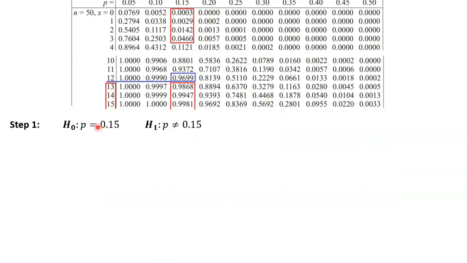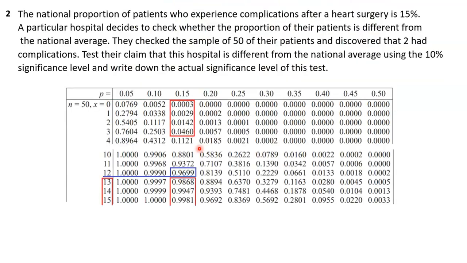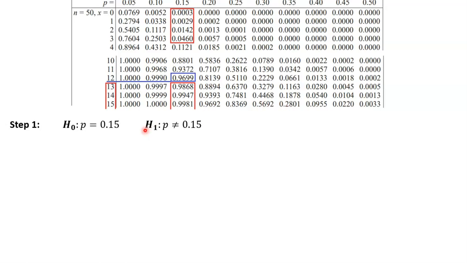So H0 was p equals 0.15, and H1 was p is different from 0.15. In this question we are checking whether the proportion of patients who suffered some complications after heart surgery has changed from the national average, which was 15%, using a 10% significance level.